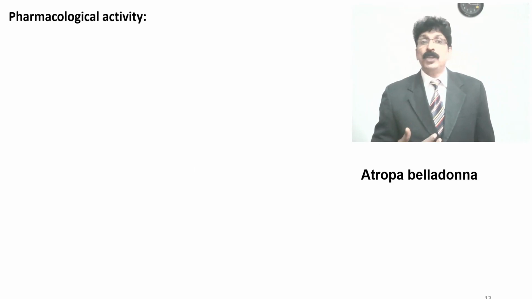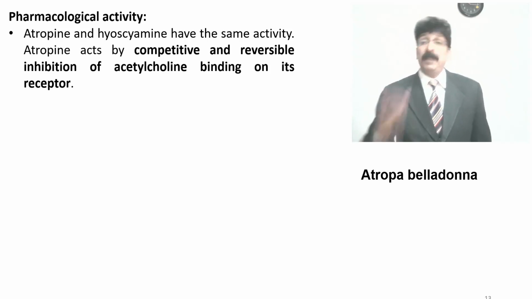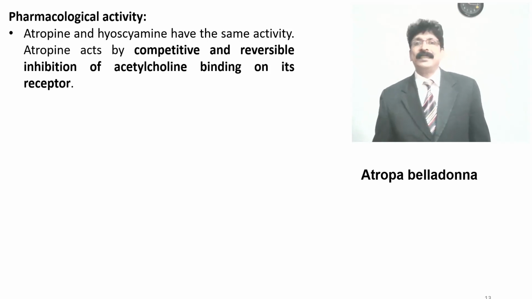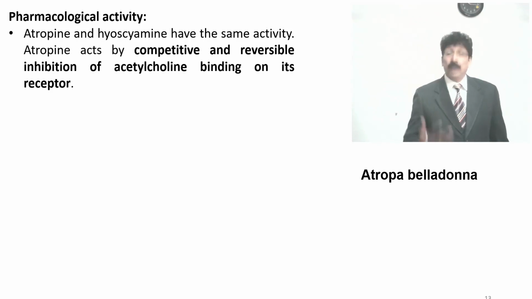So in Atropa belladonna, pharmacological activity, when we talk about it a little more, atropine and hyoscyamine are present in a racemic mixture and have the same activity, only the potency is more for hyoscyamine.